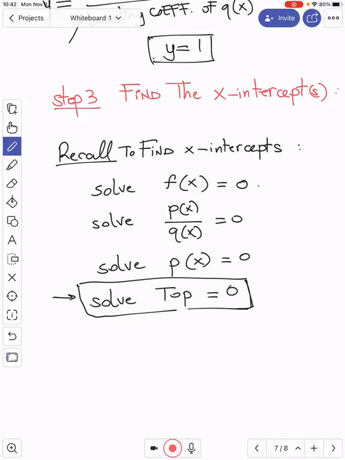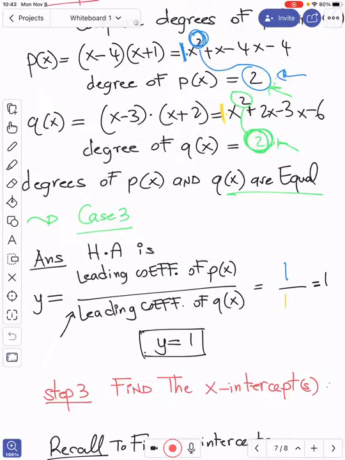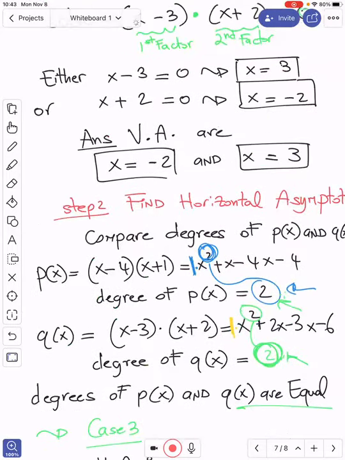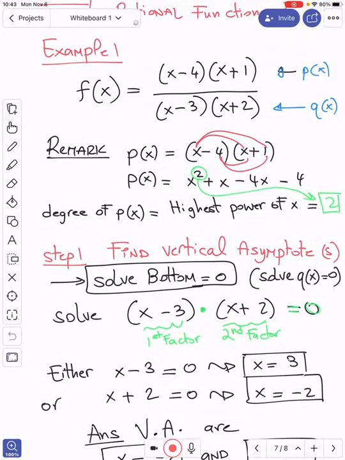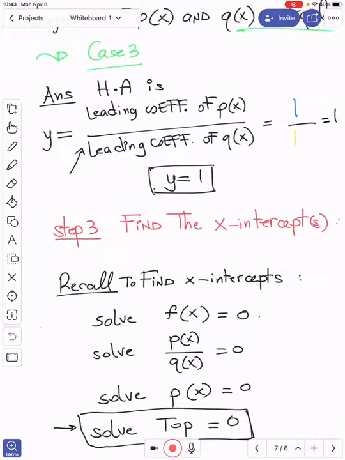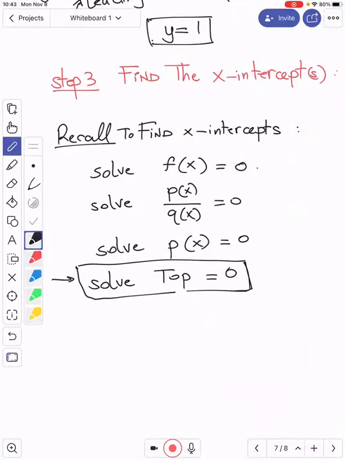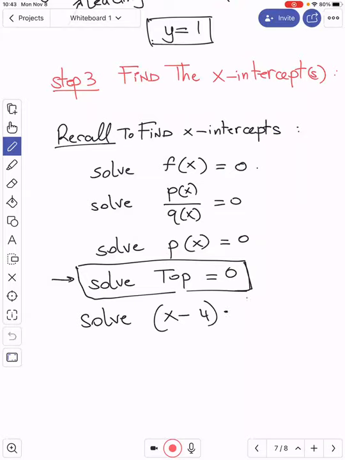Now, what's the top, or what's p? What's the numerator? Well, here's p. The top here would be x minus 4 times x plus 1. So we need to solve x minus 4 times x plus 1 equal to 0.